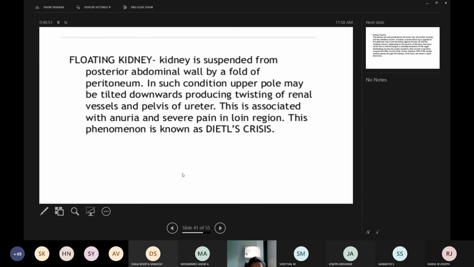As the ureter or the pelvis is kinked, urine collected in the renal pelvis will not pass through. The person will feel so much pain. Once that collected urine is voided, the pain is relieved. That condition is called Dietl's crisis.